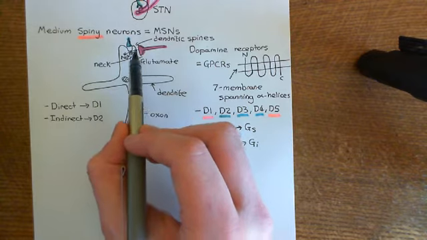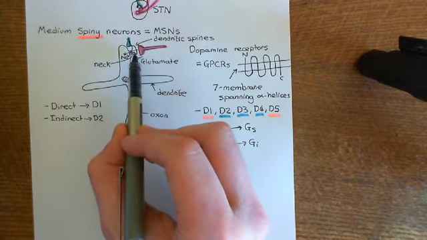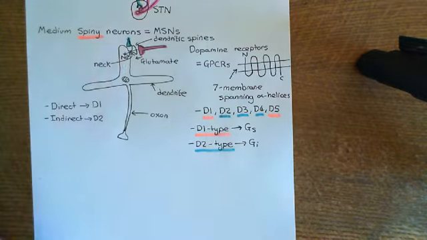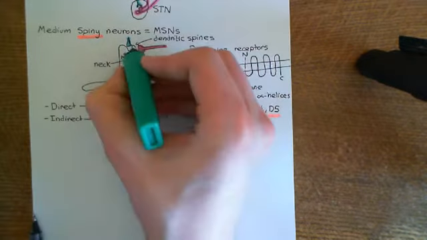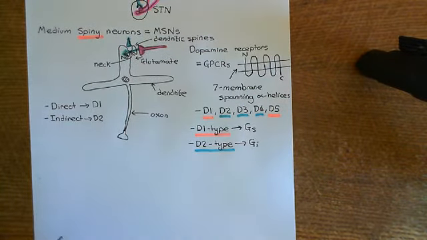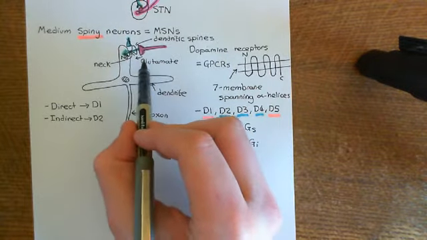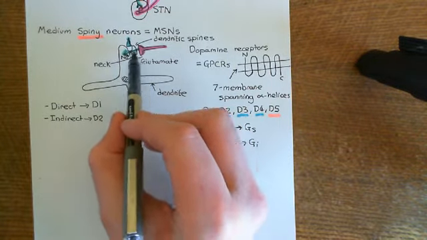Literally what that means is that every time this cortical neuron releases glutamate onto the dendritic spine, the amount of sodium current coming into the cell is going to be bigger because of the dopamine. So it's going to make the sodium current that comes in due to the glutamate bigger.